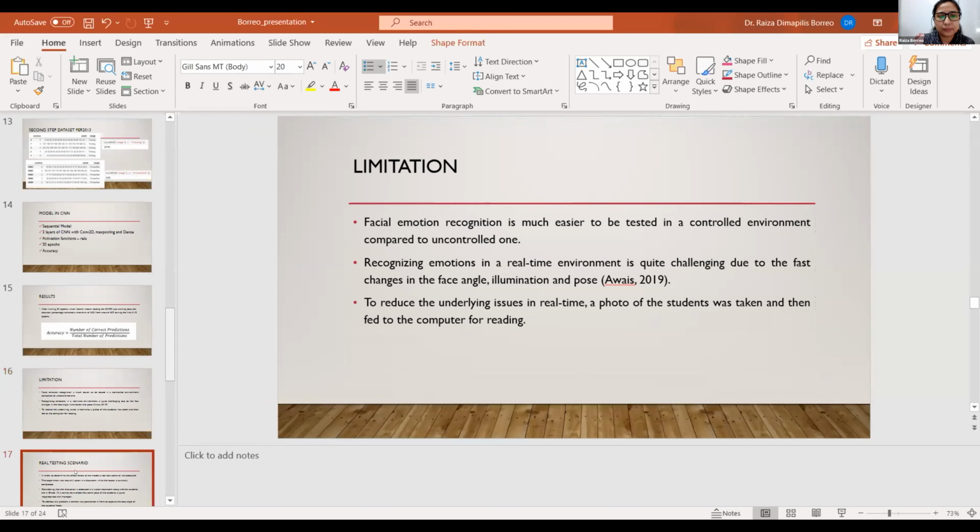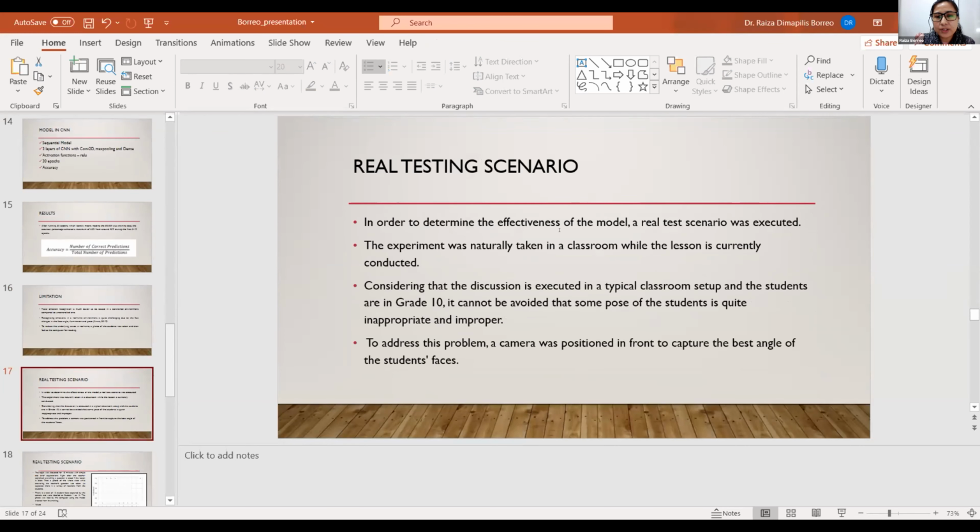In order to determine the effectiveness of the model, just like what I've said, I ran a real test scenario. The experiment was naturally taken in a classroom while the lesson was being conducted. Considering that the discussion is in a typical classroom setup and the students are just in grade 10, it cannot be avoided that some poses of the students are quite inappropriate and improper.